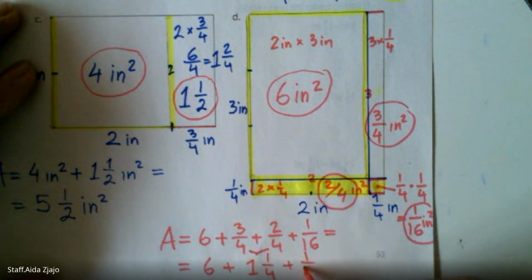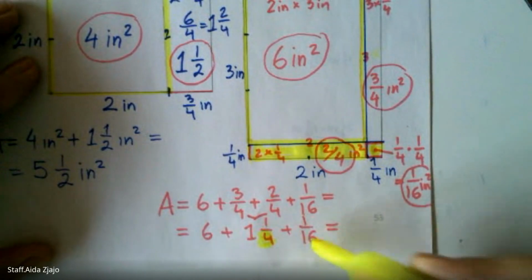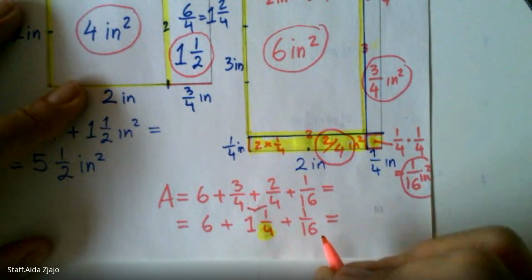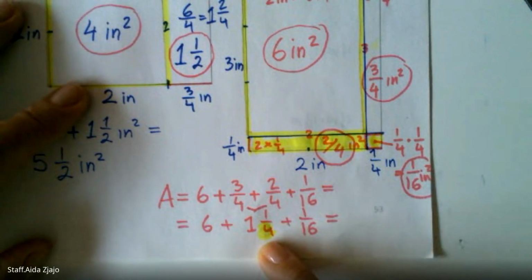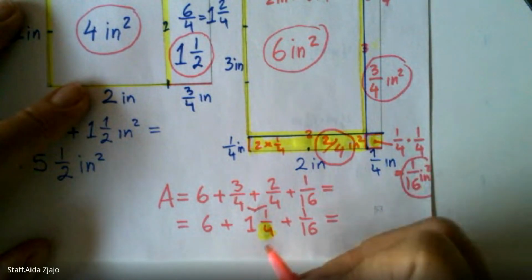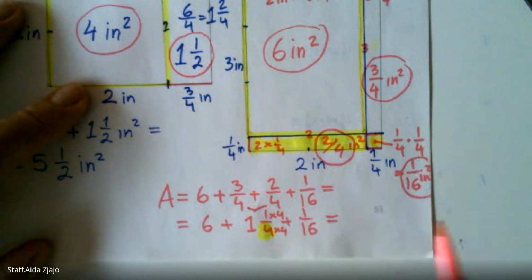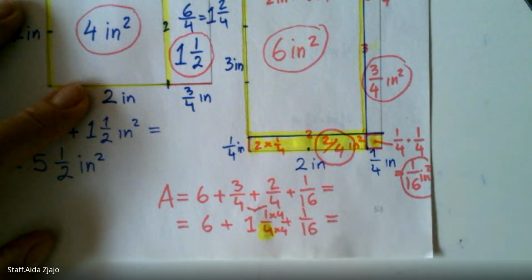Now we have a problem here because these are 4ths and these are 16ths. So I need to change the 4ths into 16ths in order to add. 4ths are much bigger than 16ths. You can't add pieces unless they are the same size. So multiplying by 4, you will get 4/16.